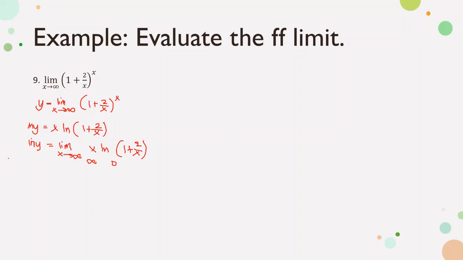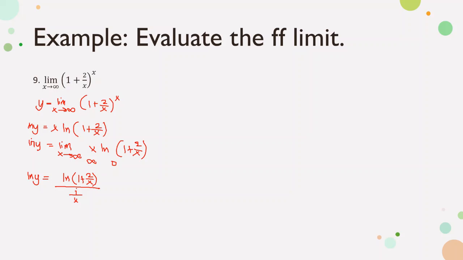So meaning to say, we have to change the form again. So ln of 1 plus 2 over x is the term that became 0, so that is our numerator. So we have ln of (1 plus 2 over x) all over 1 over x. Okay?